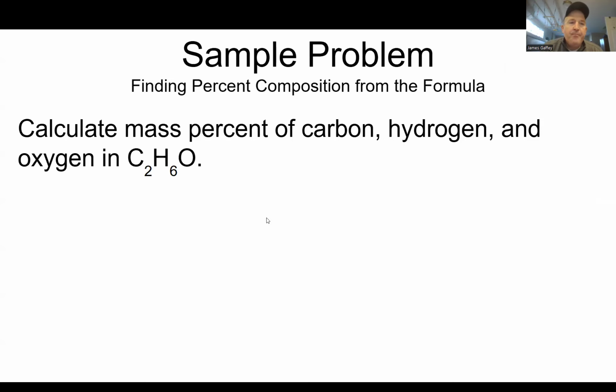Here's an example. Let's say we're asked to calculate the mass percent of carbon, hydrogen, and oxygen in the molecule whose formula is C2H6O. Step one was to calculate molar mass.